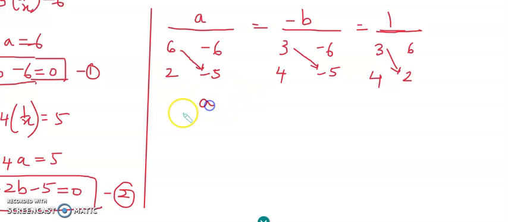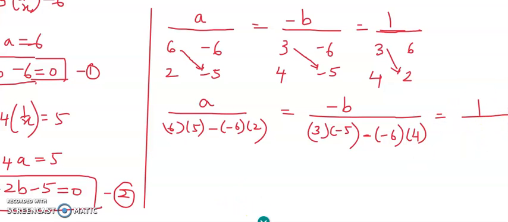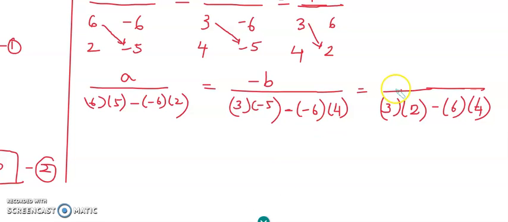So this will become a upon 6 times 5 minus of minus 6 times 2, equals minus b upon 3 times minus 5 minus of minus 6 times 4, equals 1 upon 3 times 2 minus 6 times 4. Let me rewrite this, it looks very small.